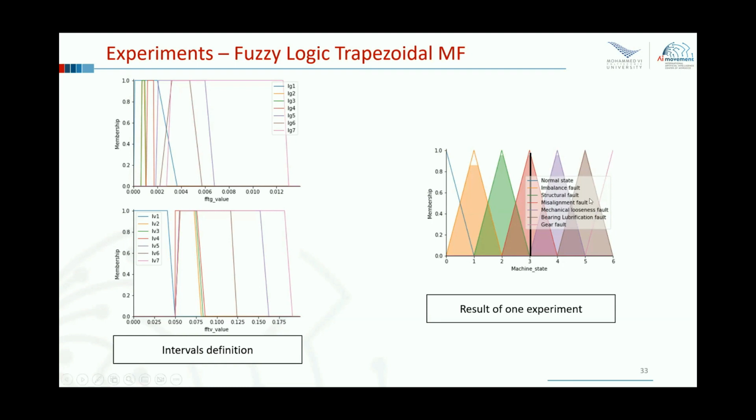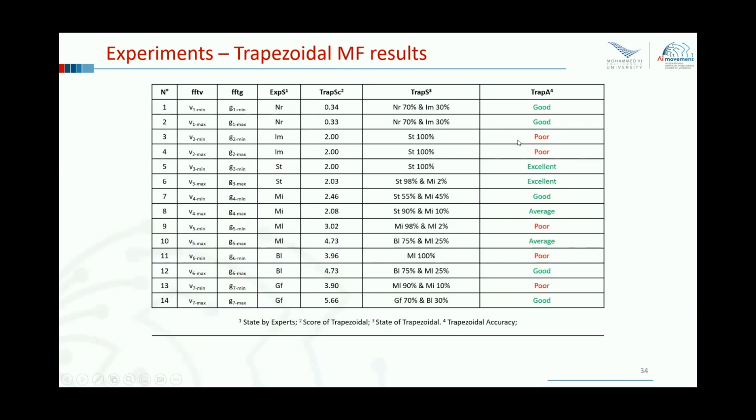And here on the right, one of the experiment results with an accuracy of about 98%. This table concludes the results and summarizes the 14 tests we've run. It gave 9 accurate results with an accuracy between 15 and 100%.